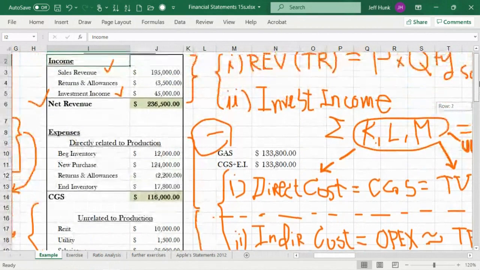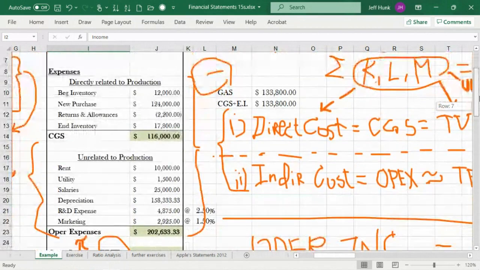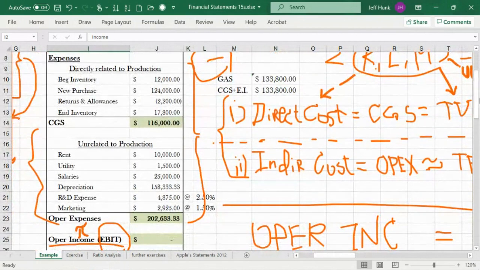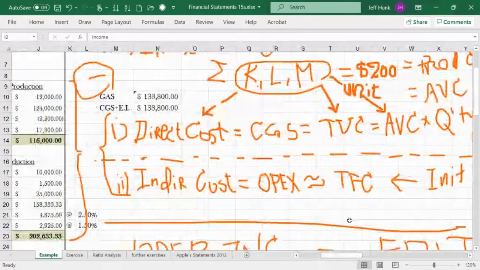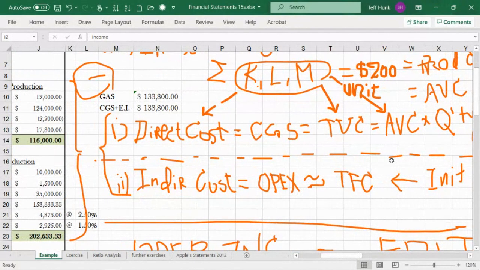We have all the expenses now detailed out. First, there's CGS, cost of goods sold, which breaks down into basically average variable cost times quantity built, or quantity made.